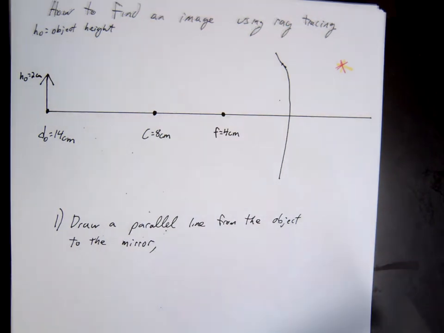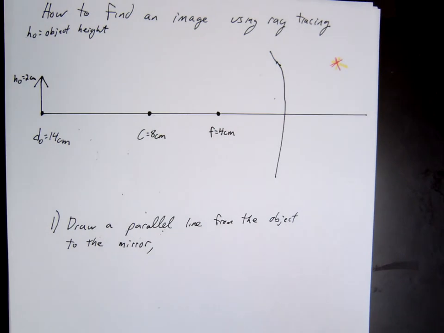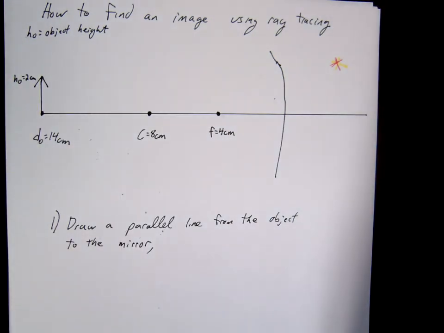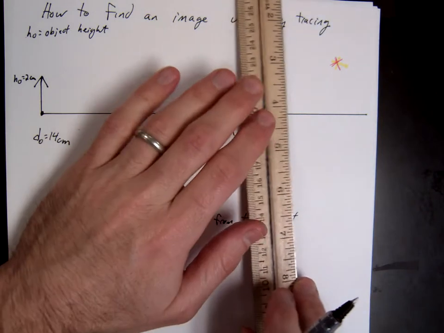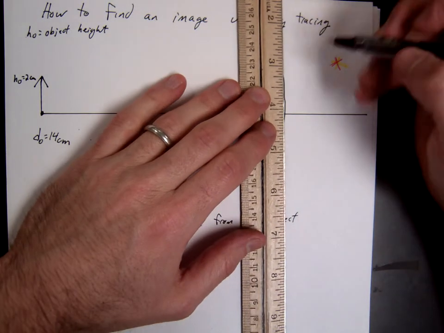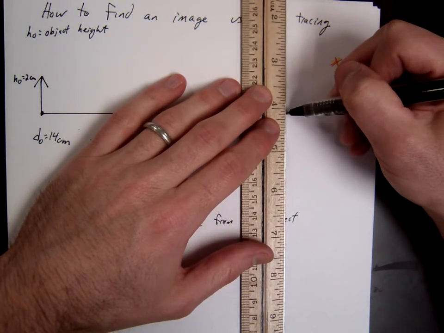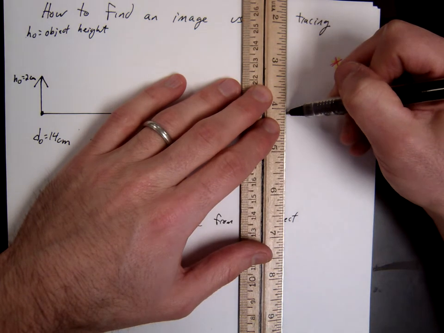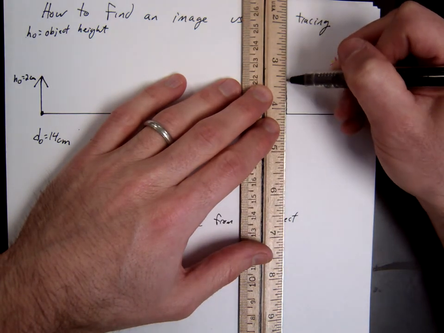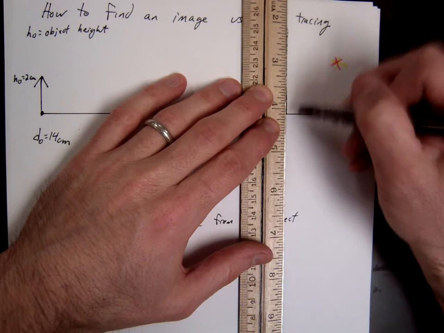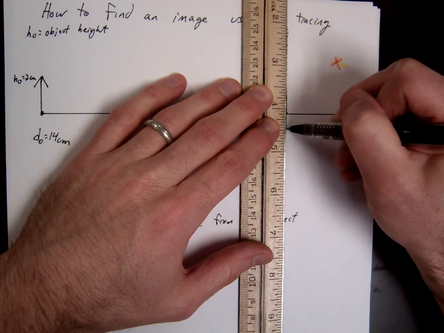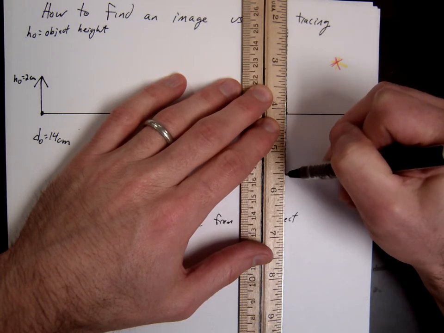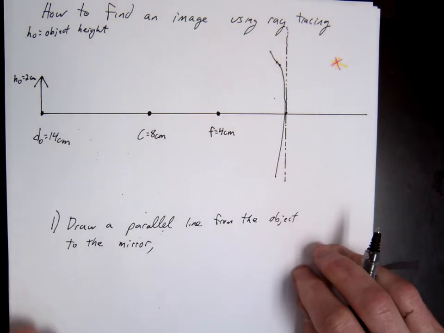One aspect of the mirror I forgot to tell you to do, and I'll do that right now. On your mirror, can you just draw a vertical line perpendicular to the ground, the base? Okay, like this.